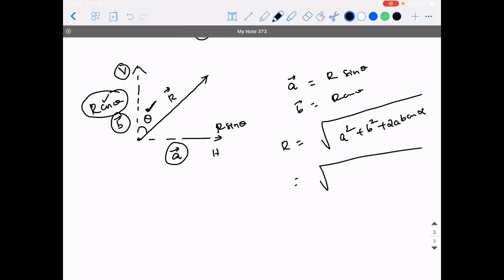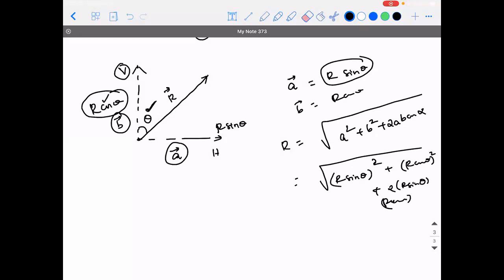So how much is A, guys? R sin theta. B is R cos theta. Plus 2 times R sin theta into R cos theta into cos of, how much is the angle between them, guys? What is the angle between the A vector and B vector? 90. It is 90. This component will go.